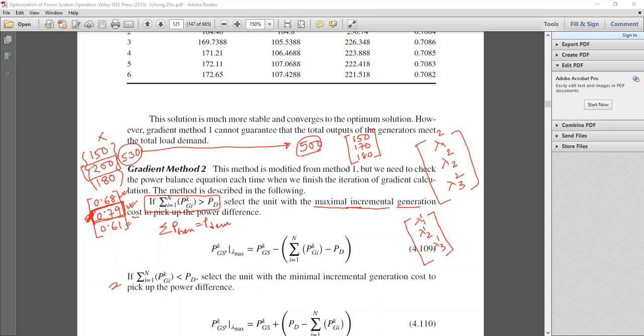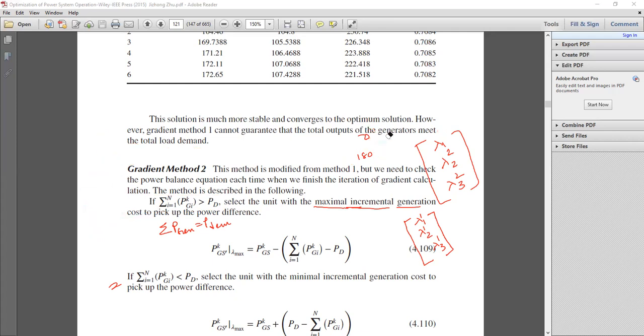Yes, sir. So you are not going to take 200, rather you are going to take 170 only to make the balance at the same iteration, not in the next iteration. Okay. Now, if the condition is reversed, what should you do? You have to apply a similar kind of logic, but in the reverse manner.